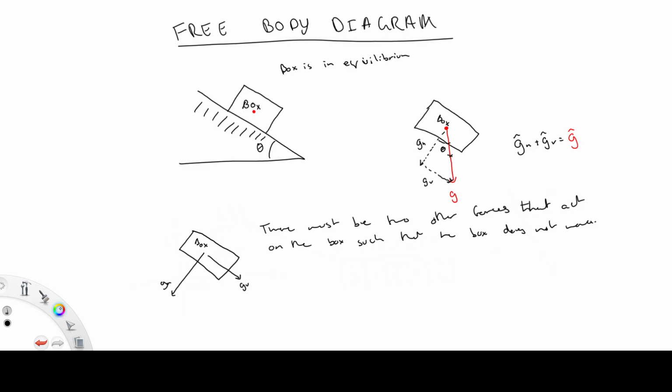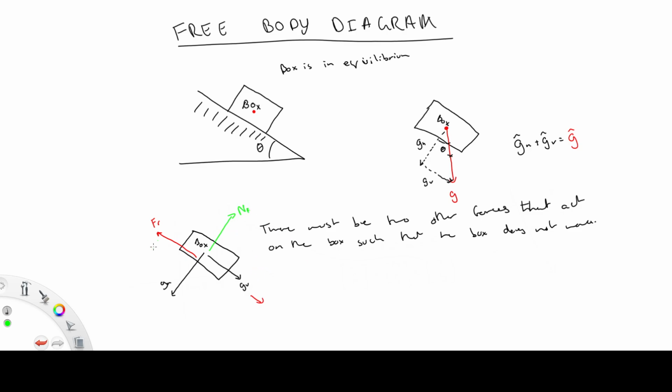Okay, so for example, we've got the GV and the GH, but one force that you're missing is the force of friction, in the sense that if the box is trying to move in this direction, friction will always oppose it. So we can say that friction is acting on the box like this, Fr for friction. And then to oppose this G horizontal force, you've got the normal force.